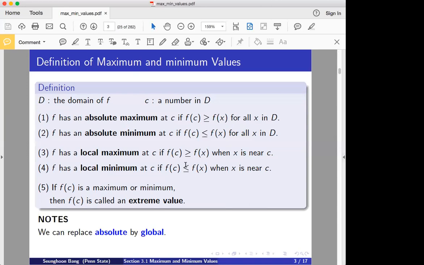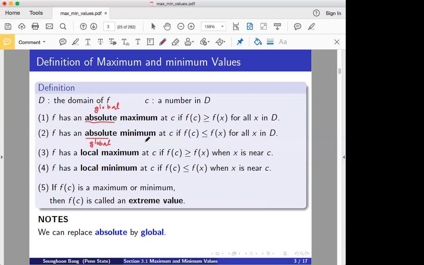We can replace absolute by global. What does it mean? We can change this one to global maximum, and this one to global minimum.